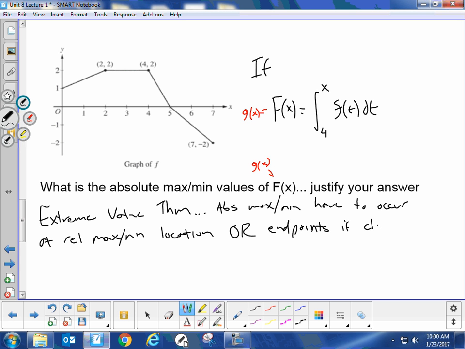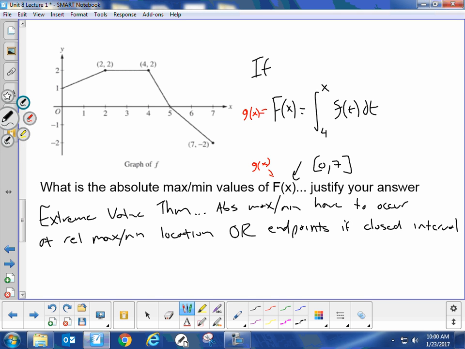If you have a closed interval. Okay? We'll have a closed interval. We'll talk about absolute max values of big F from 0 to 7. Okay?